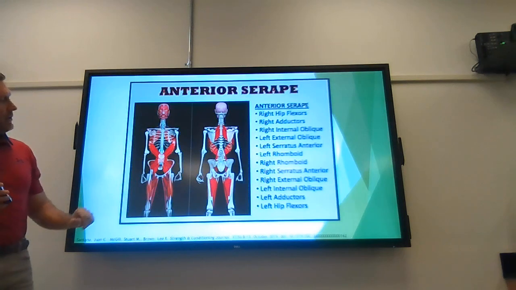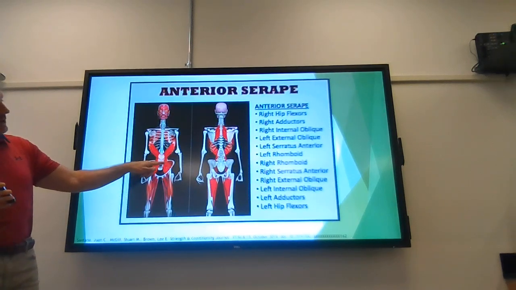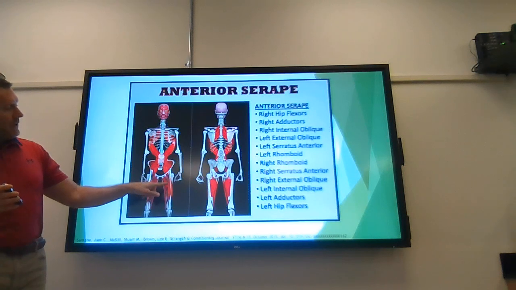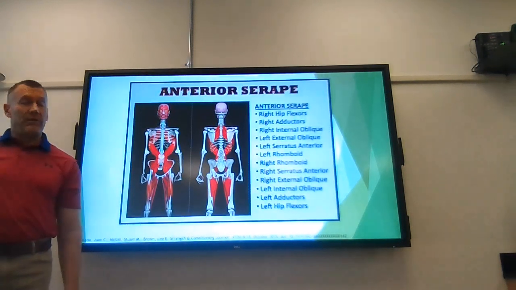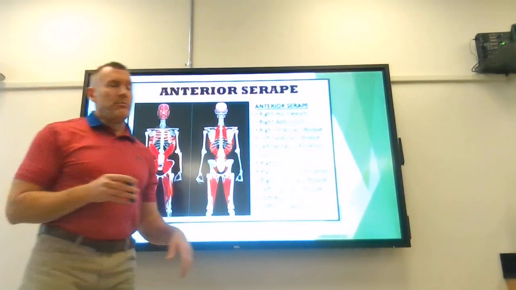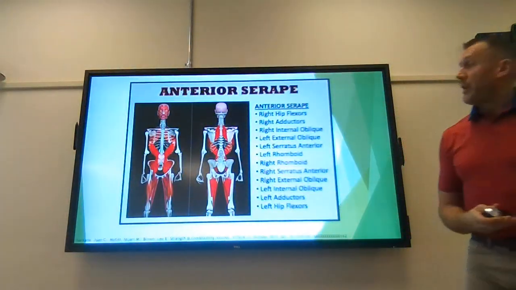Okay, and then back around to the front to the right external oblique, to the left internal oblique, the left adductors, and then the left hip flexors. So just going up and making a loop around the body and back down. So those are the muscles that are connected for the anterior serape. Okay.